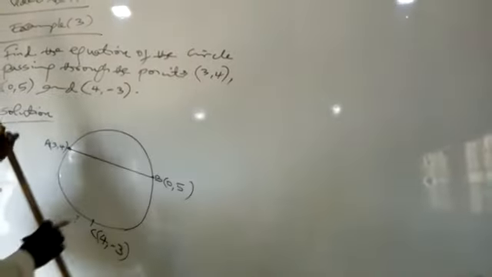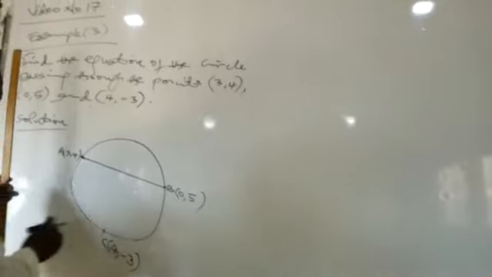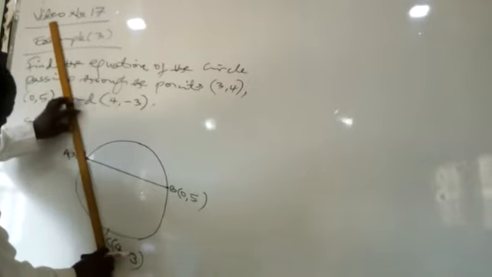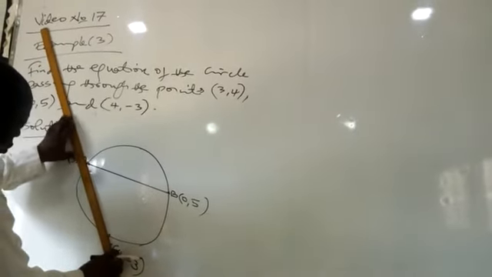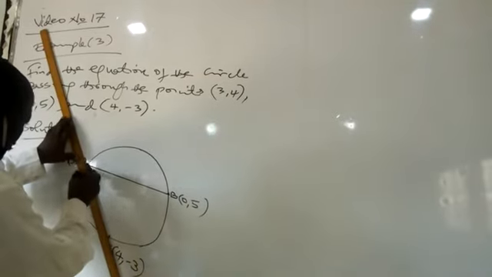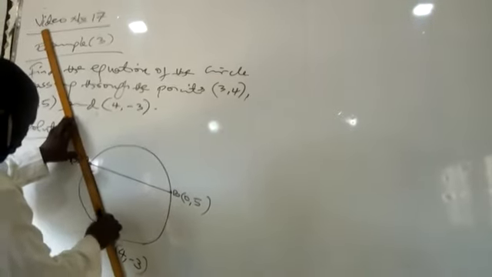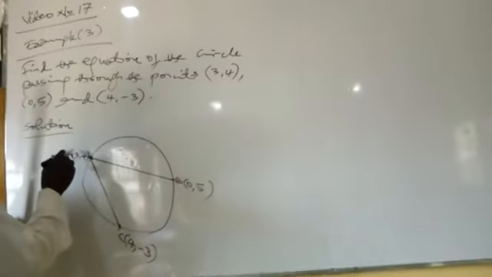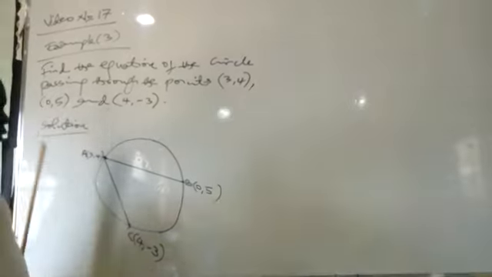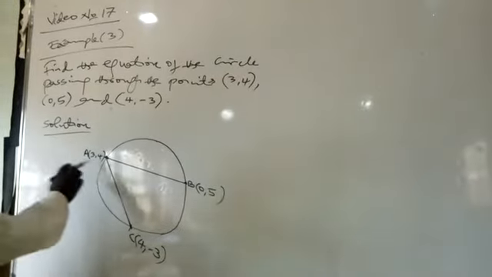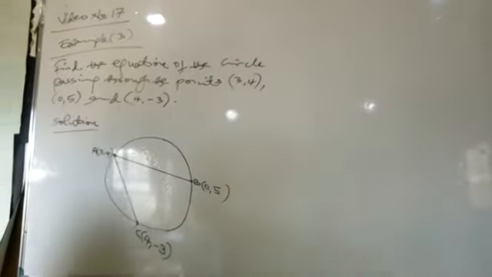I'll draw the second chord joining points A and C. So these are the 2 chords, chord AB and chord AC.